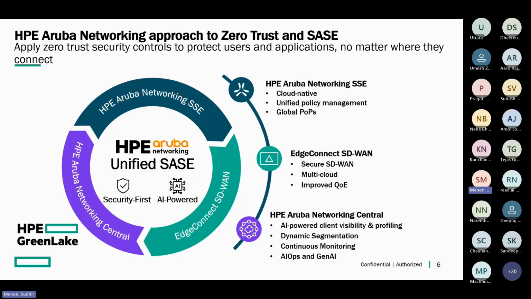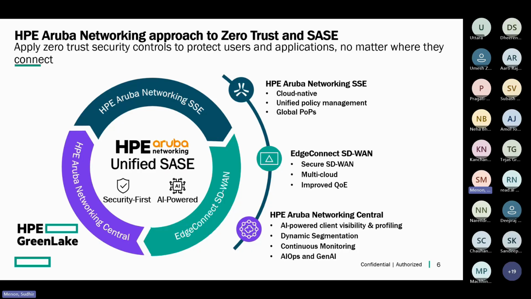We have been enhancing Central to provide more performance-driven connectivity, to adapt the network to the changing landscape, to adapt the network as per the application prioritized, and to adapt the network to the changing security threats. You would be seeing on these slides terms like dynamic segmentation, continuous monitoring, AIOps, etc.